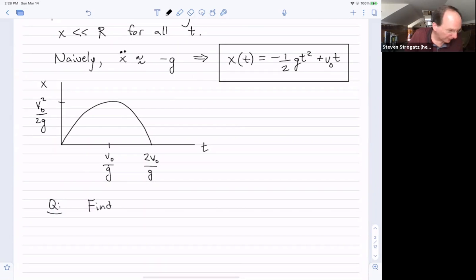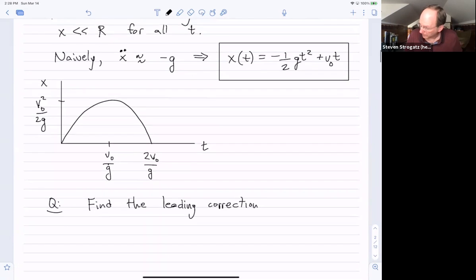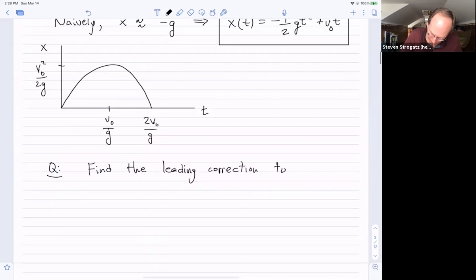Find the leading correction, the most important correction to all of this, to this solution. And, you know, again, when does the particle hit the ground, the rocket hit the ground?